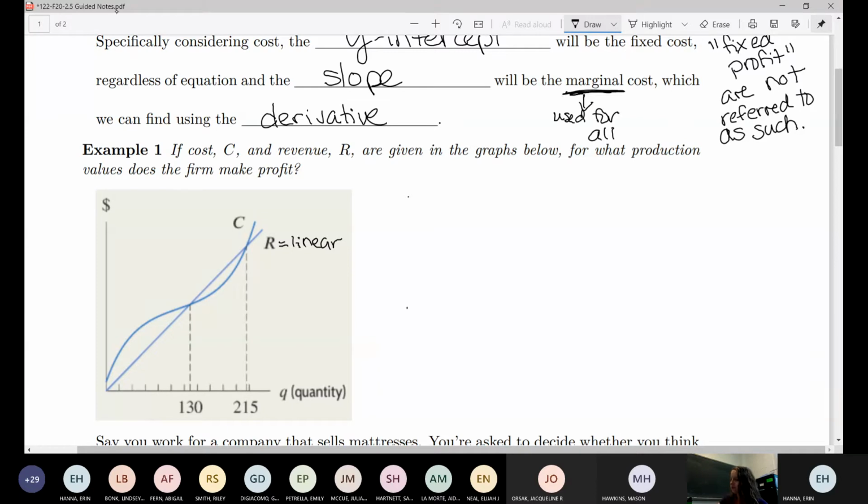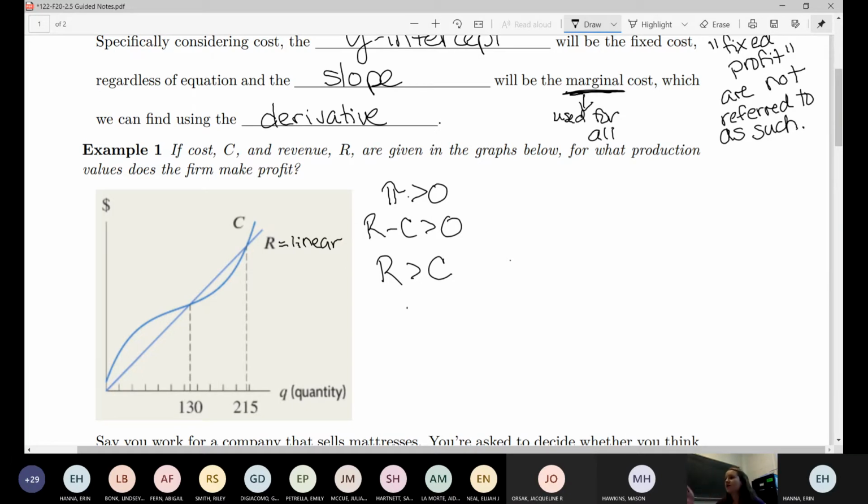Well, in general, if you want profit to be positive, remember profit is revenue minus cost. So if I replace profit with exactly what it's equal to, and then add cost to the other side, I would get revenue is greater than cost, which you might have just thought of off the top of your head anyway. They have to bring in more money than they're having to pay to other people.